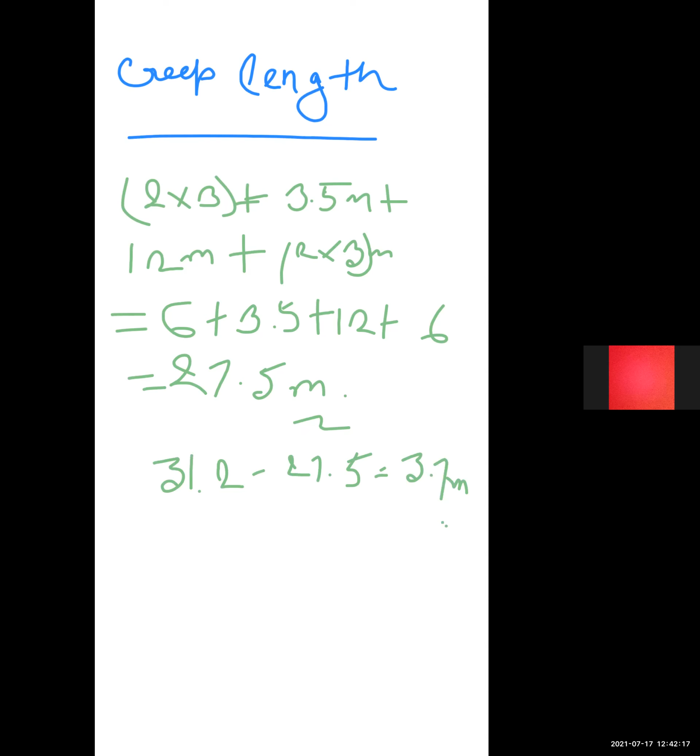So we can say this value is rounded off to 5 meter, and it is provided as upstream floor, and hence the total creep length is, if 5 meter is provided for upstream, so total length is 27.5 plus 5, so this is equal to 32.5 meter. Okay.